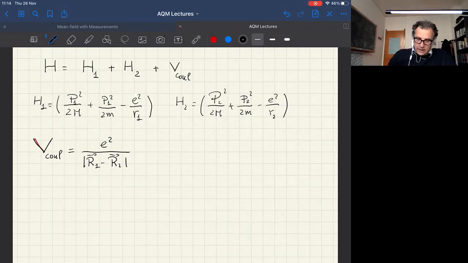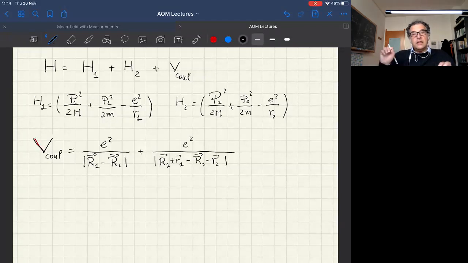Very good. Then I have another term, plus e squared over |R1 plus small r1 minus R2 minus small r2|, which is the Coulomb interaction between the 2 electrons.